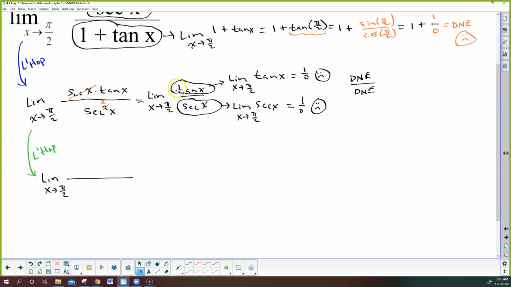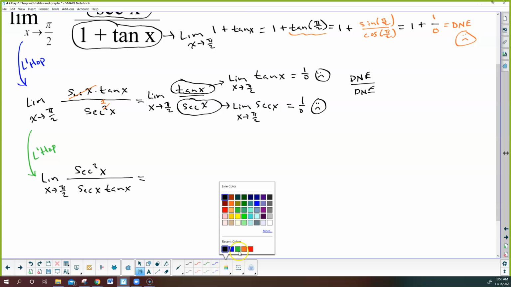So what do we have up top? We've got the derivative of tangent, which we knew was secant squared. And then I've got the derivative of secant, which was secant tangent.